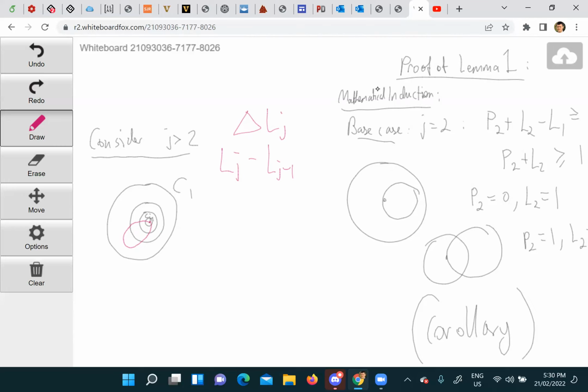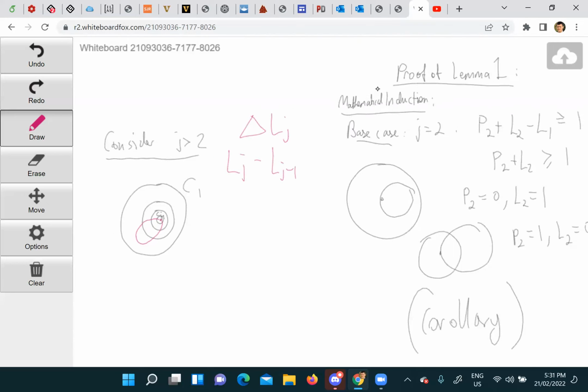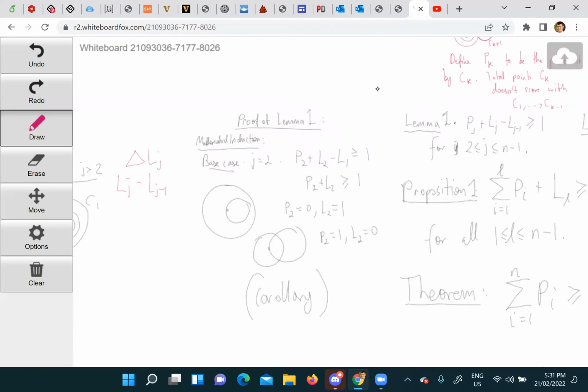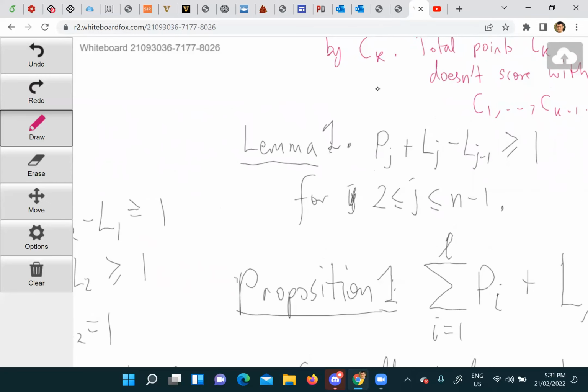So you're saying the equality actually holds. Well, that's very bold. Are you saying Pj plus Lj equals Lj minus 1 minus 1? Is that what you're saying? If you add Lj on both sides.